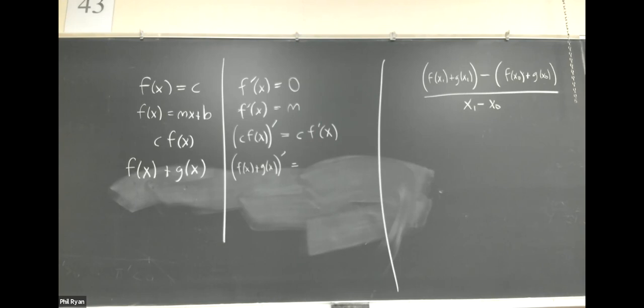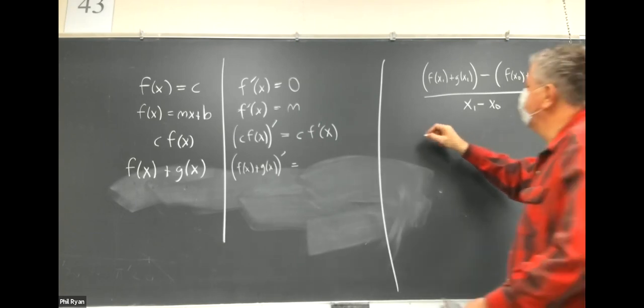Okay, we've got to do some algebra now. What's the only bit of algebra we can really do? There's really only one thing I can see to do. Remove the brackets? Yeah, that's the only thing I can see. So let's go ahead and do that.